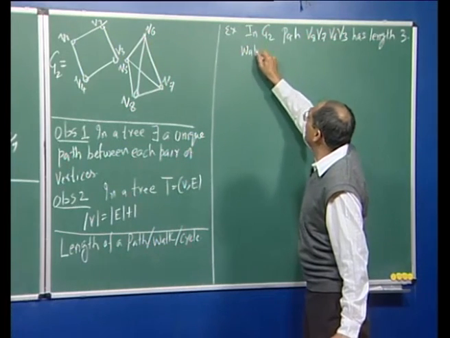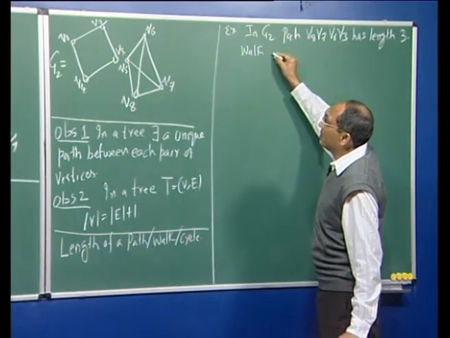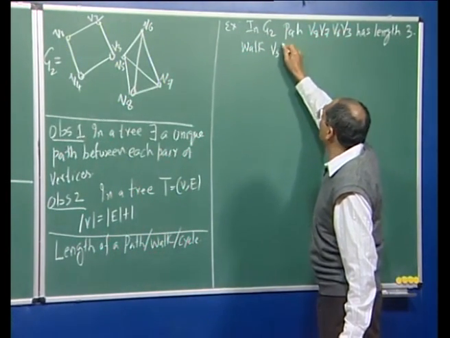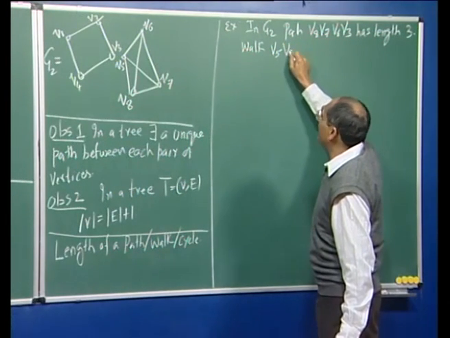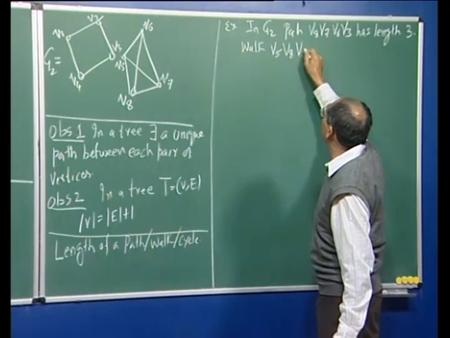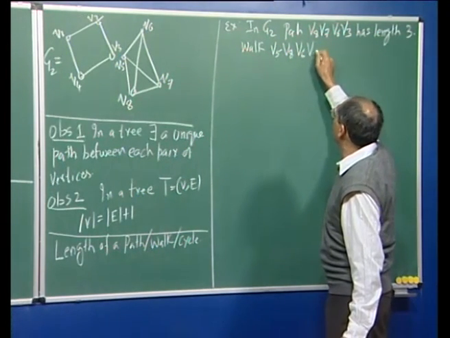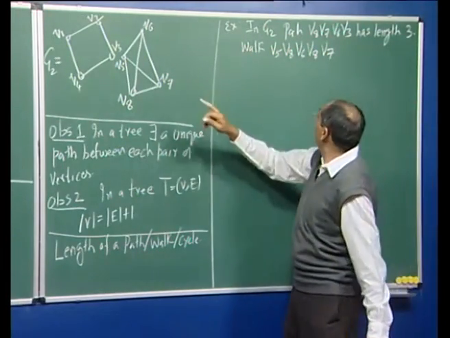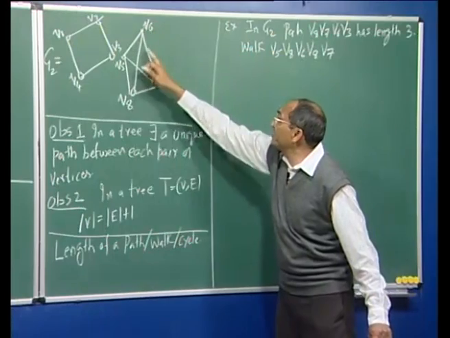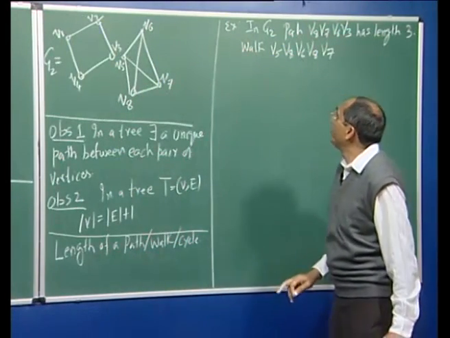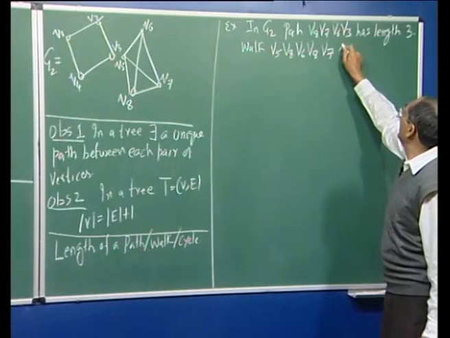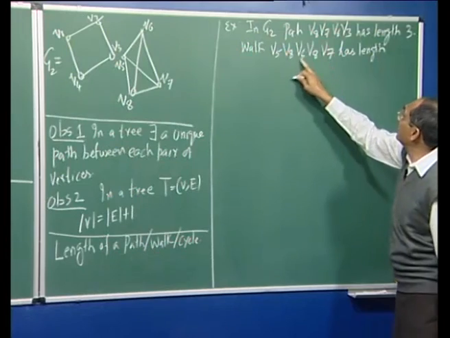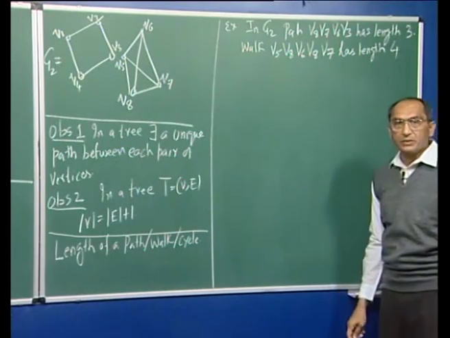Walk V5, V8, V6, V8, V7. It's certainly a walk. V5, V8, V6, V8, V7. This has length 1, 2, 3, 4. There are 4 edges on it.